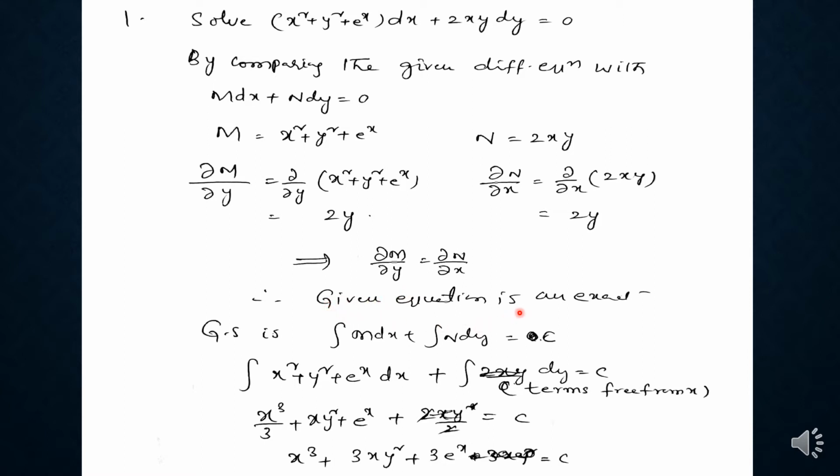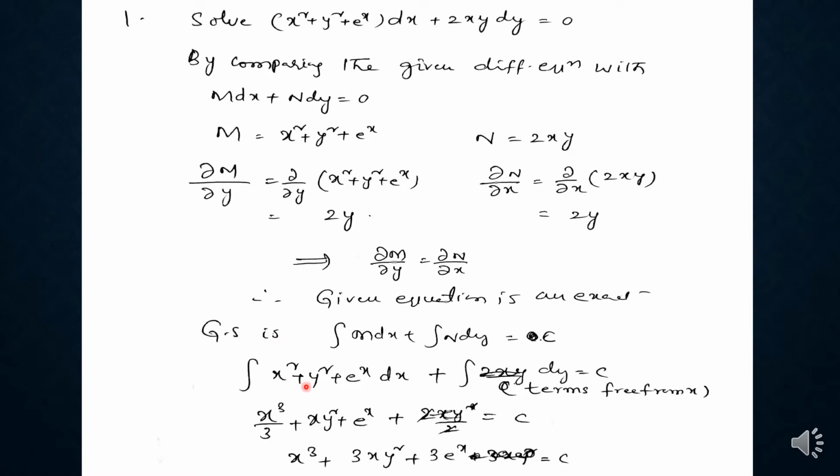After satisfying this condition, we will go for the general solution of the differential equation, that is integral M dx plus integral N dy is equal to some constant c. So what is M here? x square plus y square plus e power x.